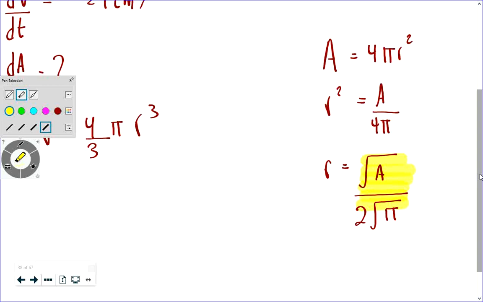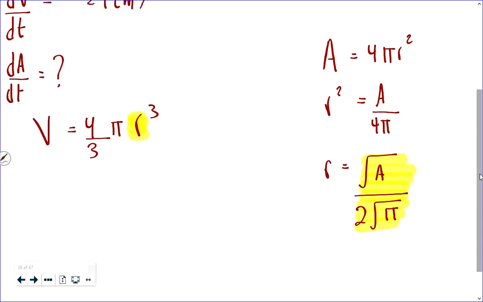I'm going to write this with exponents in the next step, but I have to put that in here. So I have to cube everything here. Let me just write off on the side so that I don't have to write it a second time. These are the same.